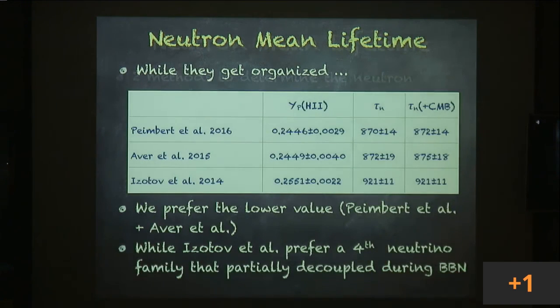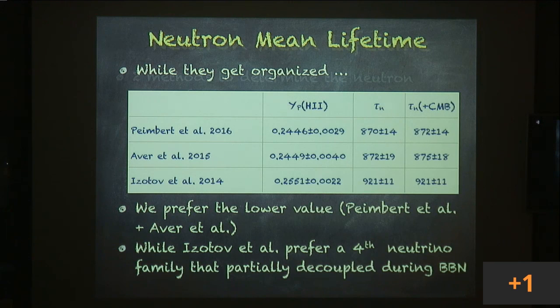So, well, the physicists need to get organized with their neutron lifetime. We can compete a little bit there. And we obtain that the neutron mean lifetime from our data is 870 seconds plus or minus 14. Aver et al., 872 seconds plus or minus 19. And Izotov et al., 921 seconds plus or minus 11.